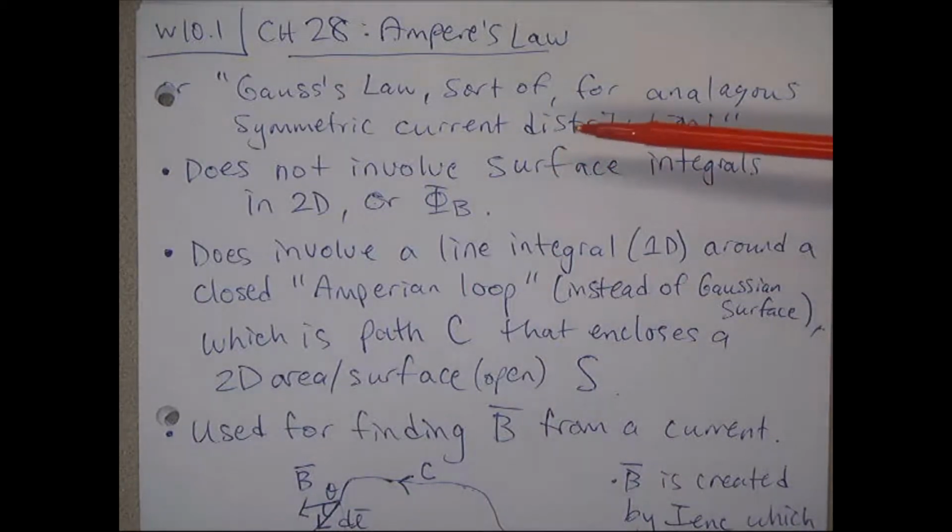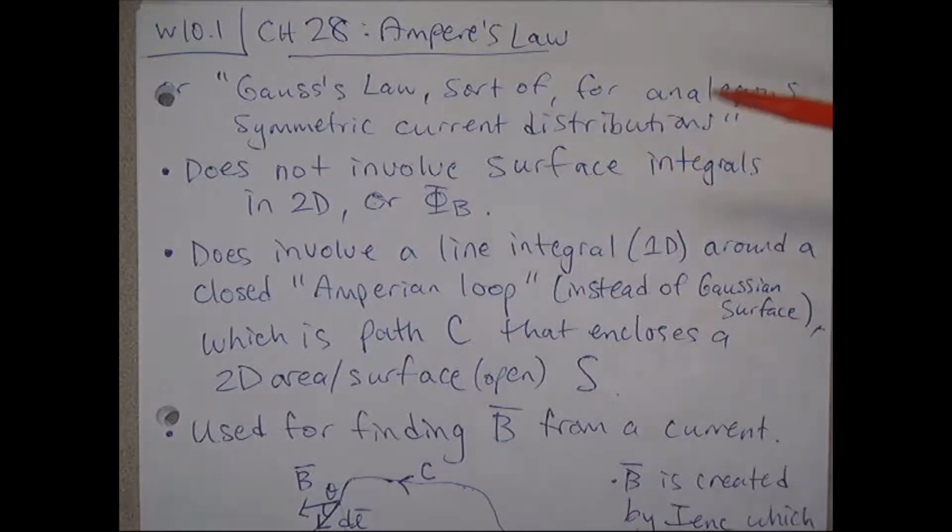If you reduce the dimensionality of these integrals that you need to consider in Ampere's law from Gauss's law to Ampere's law, you'll find that it involves a line integral. This is a one-dimensional loop integral. We do this line integral around a closed Amperian loop instead of a closed Gaussian surface.